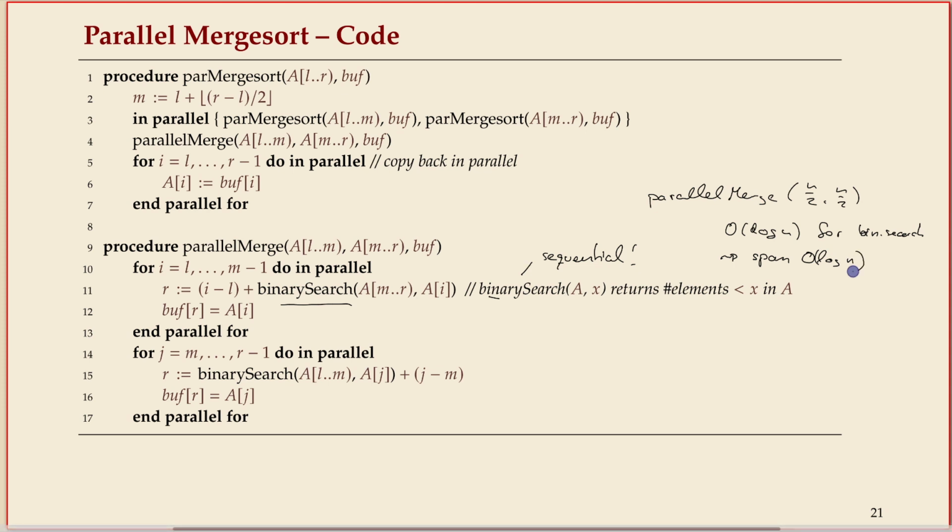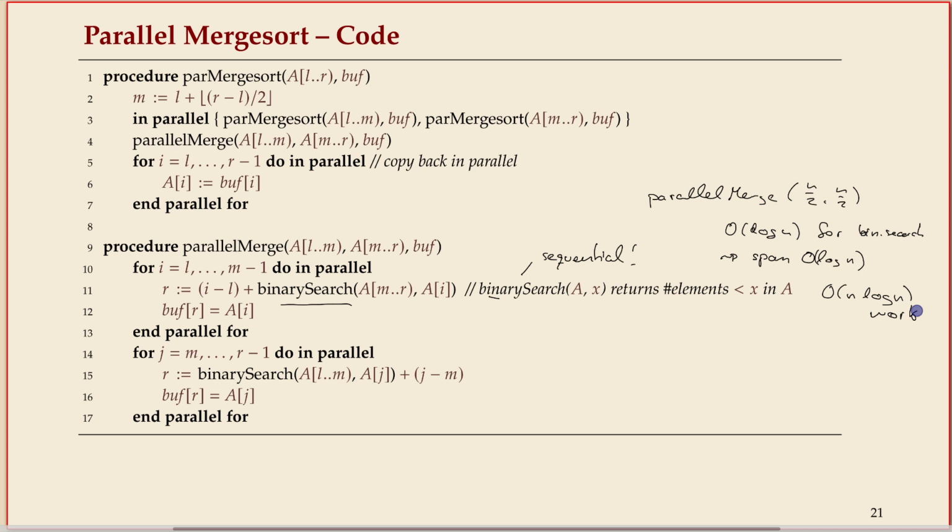Now, if we analyze the work, we have to do this binary search for each of the elements eventually. So it'll be n log n work. So we're not work efficient, right?